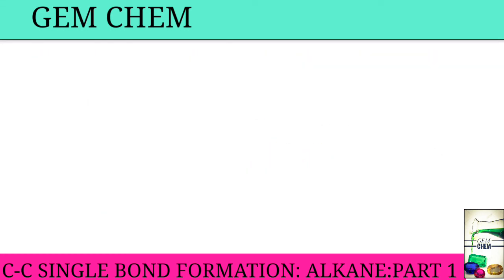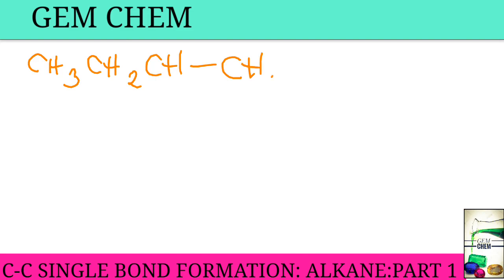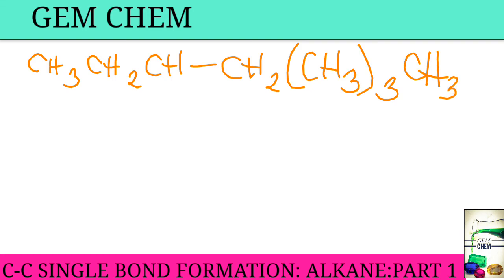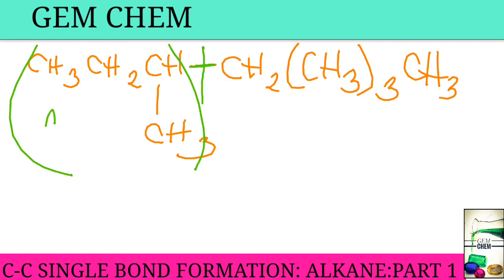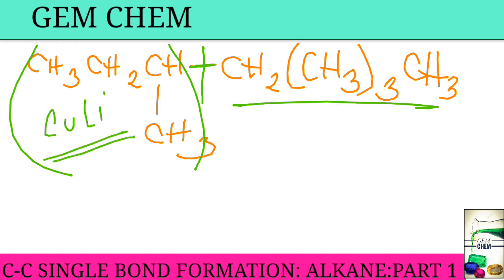Now let us see, if we try to prepare a molecule like this, CH3, CH2, CH, CH2, CH3, 3, CH3, and this one CH3. Now what kind of alkyl halide and what kind of copper reagent should we take? For this, generally we take the bulky group as the copper reagent. So we see this bond. Now this bond breaks as this. So we take this part as copper lithium reagent and this part as halide.